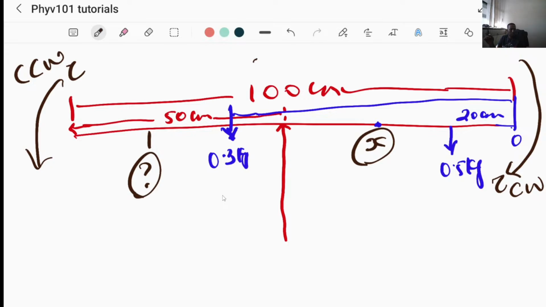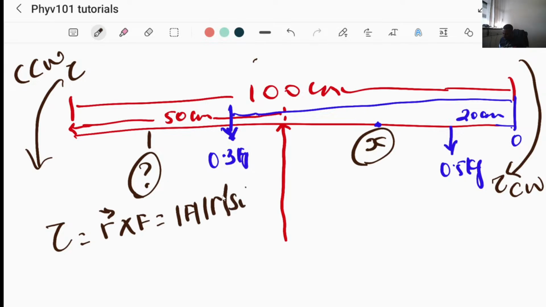For this thing to be balanced, remember we said torque is R cross F, or the magnitude of F times the magnitude of R sine theta. This must balance. How many torques do you see here? Now let me clear here. This one is just the equation though.